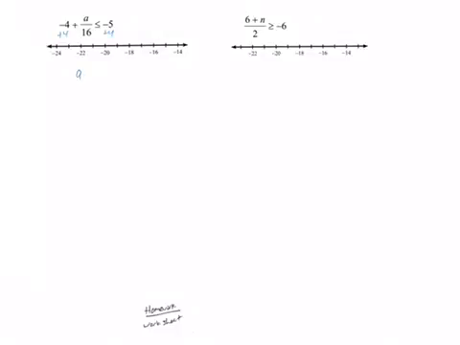So I end up with a divided by 16 is less than or equal to negative 1. A is being divided by 16 right here. So the opposite of dividing is going to be to multiply. So I'm going to multiply by 16. And I'm going to multiply this side by 16.